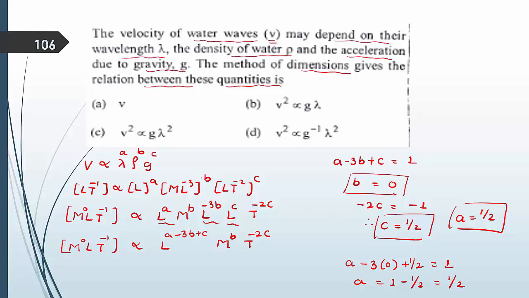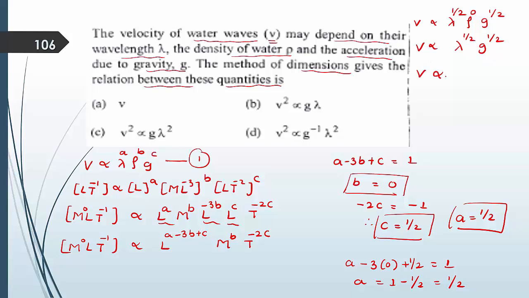Substitute these values in equation number 1. I am going to write here, V is proportional to lambda raised to A. A is how much? 1 by 2. Rho raised to B. B is what? 0. Rho raised to 0. G raised to C, C is what? 1 by 2. So V is proportional to lambda raised to 1 by 2, G raised to 1 by 2, because rho raised to 0 will be 1.